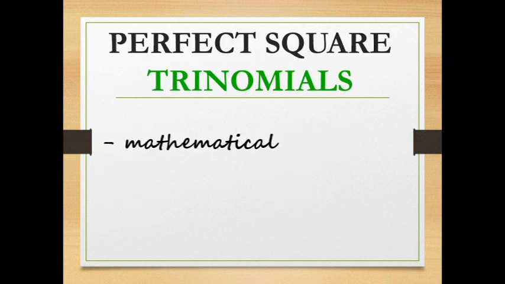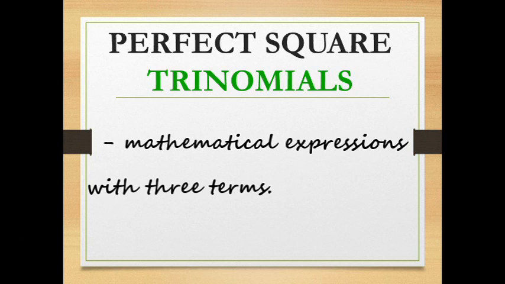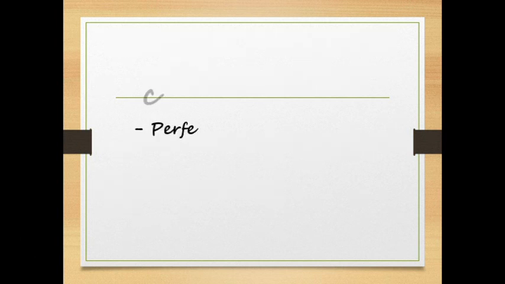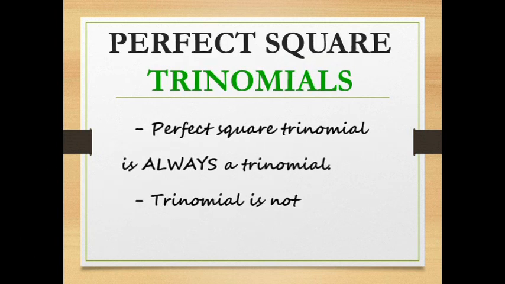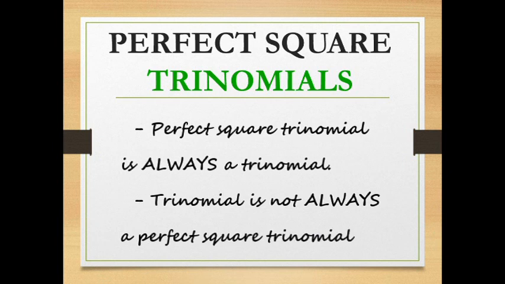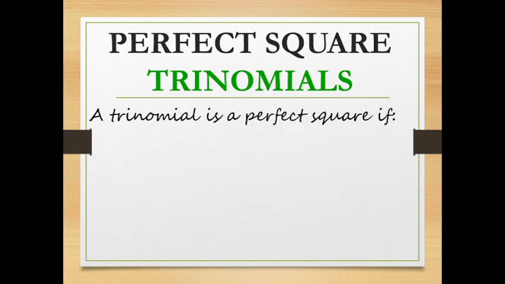Perfect square trinomials. Ang perfect square trinomials ay isang mathematical expression na may three terms. Dito, lagi niyong tatandaan na ang perfect square trinomial ay laging trinomial at hindi lahat ng trinomial ay perfect square. Ngayon, paano natin malalaman kung ang trinomial ay isang perfect square?